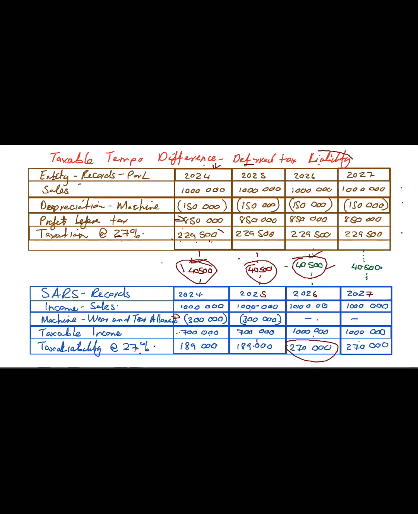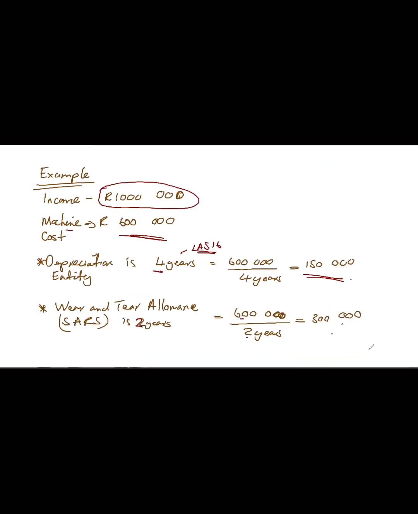What do you mean by redeeming? Because if you analyze now, remember, in taxation, if you have got an allowance, it actually reduces the amount that SARS wants to tax. Instead of taxing 1 million here, they taxed 700 in year one. And in year two, instead of taxing 1 million, they taxed how much? 700. What caused that? Because you have deductions. But in 2026 and 2027, you no longer have deductions because SARS said you can only claim this cost over 2 years.